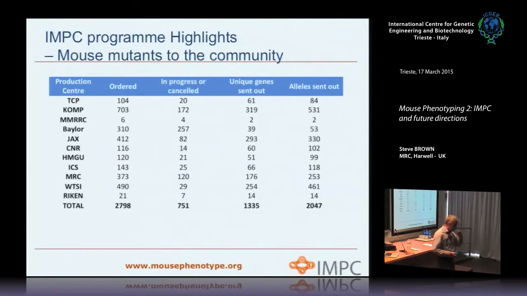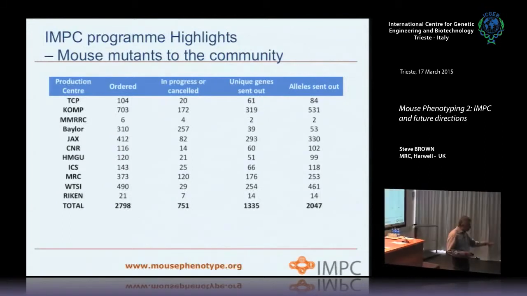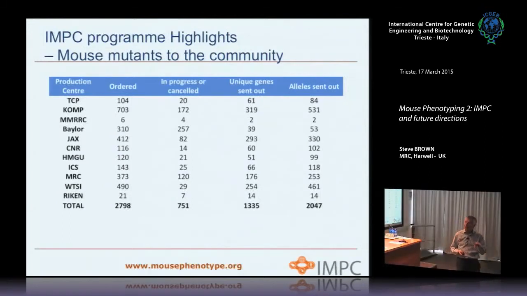But here's another important statistic that I think is important to you and to the rest of the community in terms of getting these lines. So these are mouse mutants that have been delivered to the community. If we look across all of the production centers and the main archives that are disseminating the mutants around the world, you can see that nearly 3,000 IMPC mutants have been ordered to date.